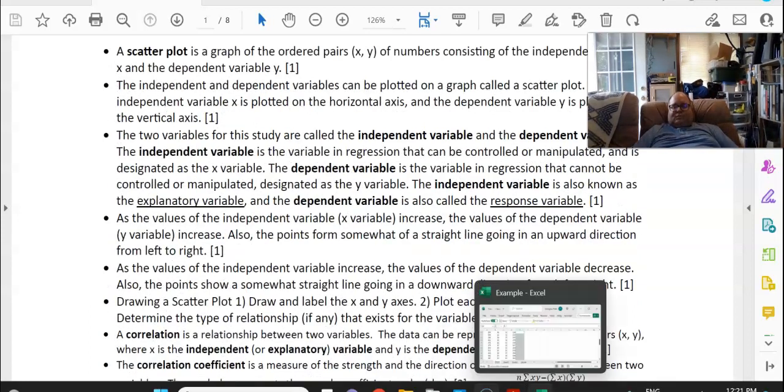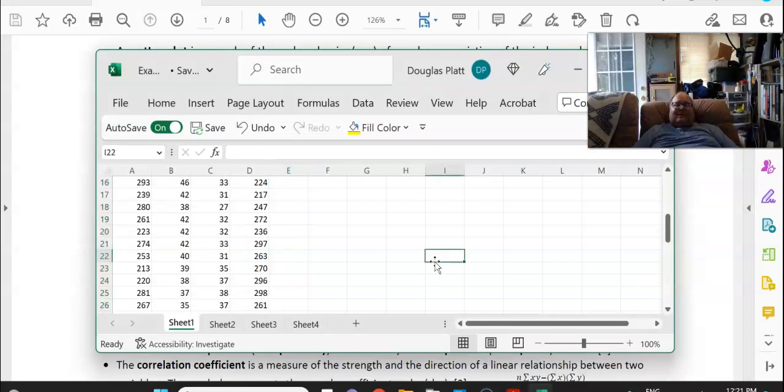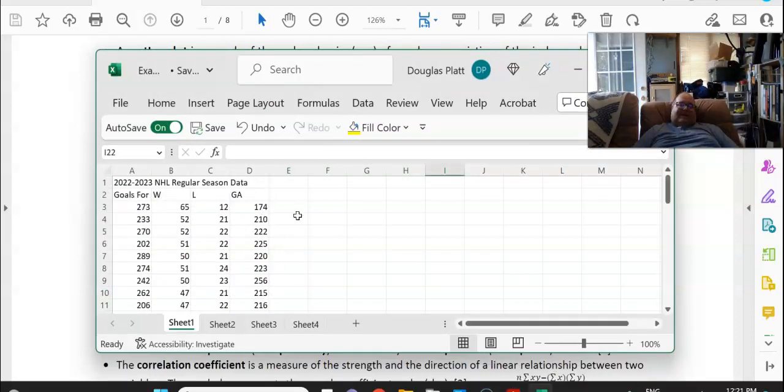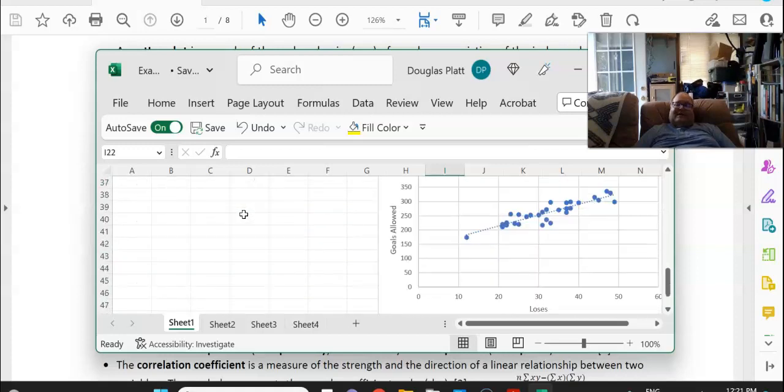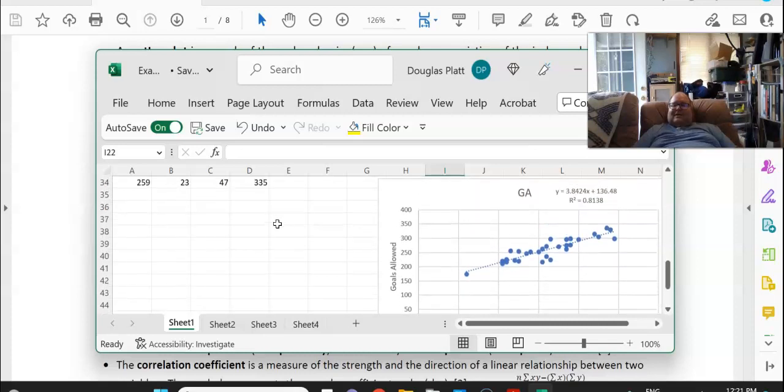So if we look here, we have a quartet of data values: goals for a team, wins, losses, and goals against a team. And we have a scatter plot showing goals allowed versus losses. As losses increase, the goals allowed tend to increase as well.